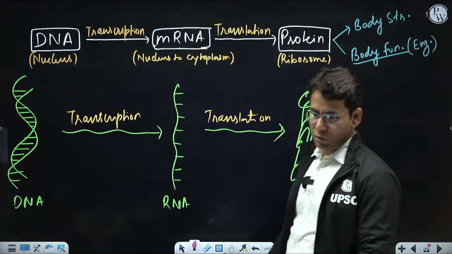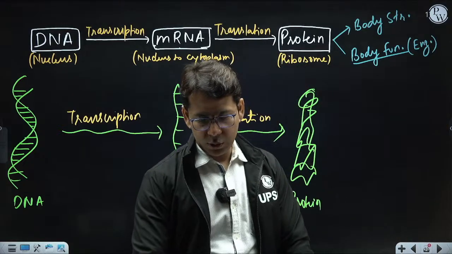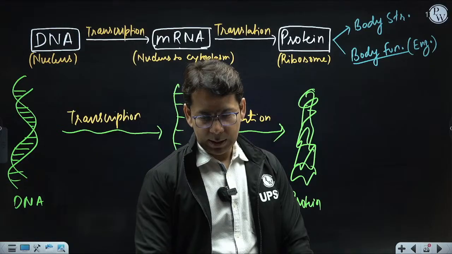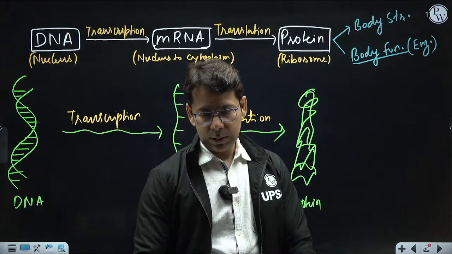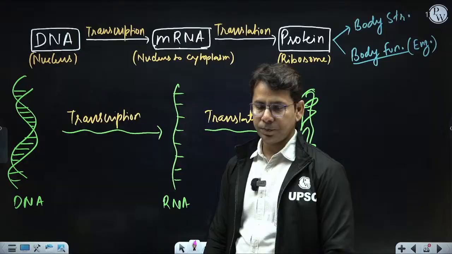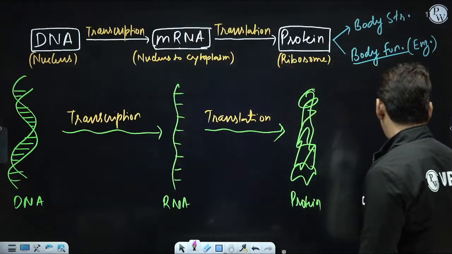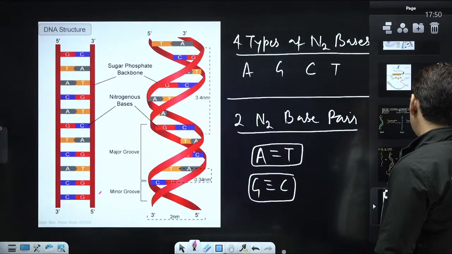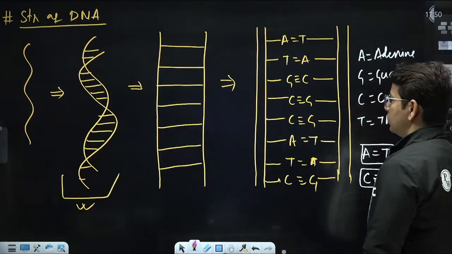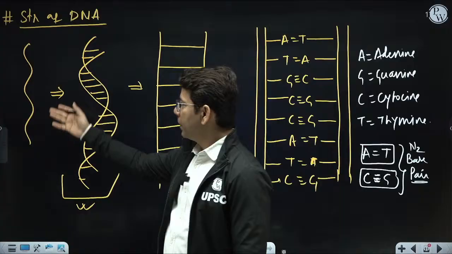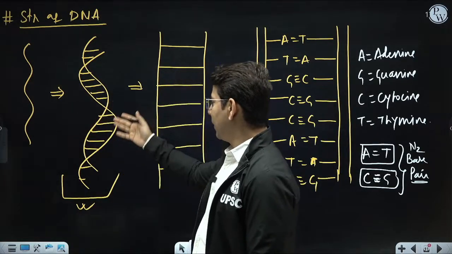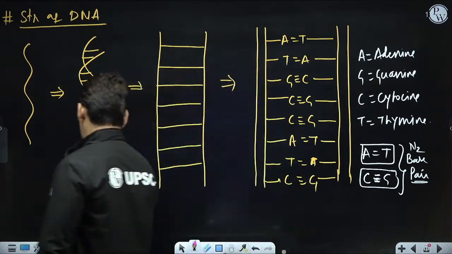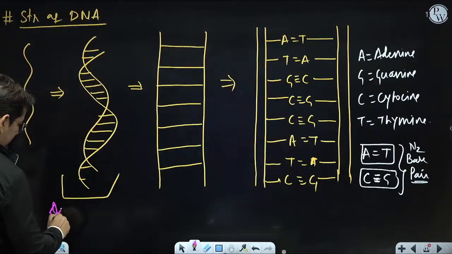So any confusion? All you need to do is to visualize how these things are happening, how this information is being passed on. Like I told you, this is DNA, a thread-like structure. This is a double helical structure. What we call it?